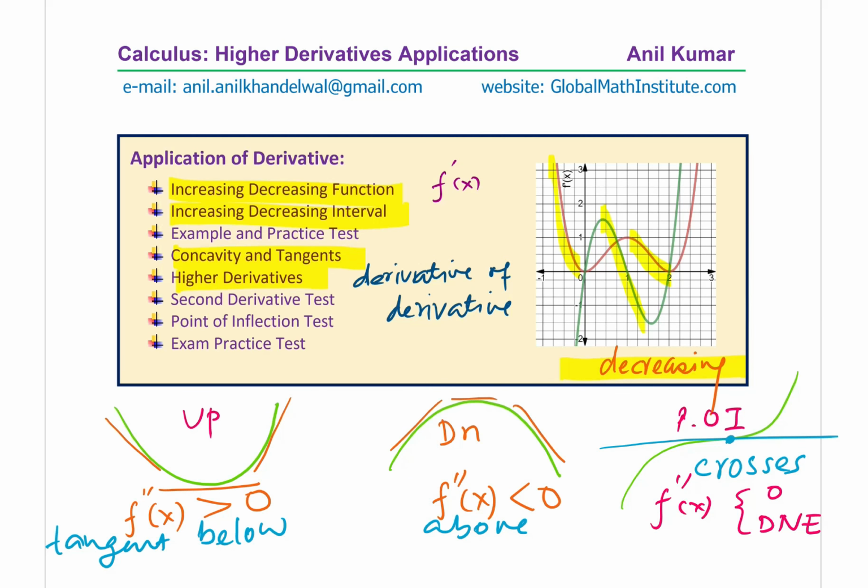So examples for derivative of derivative are, we can take examples for displacement, velocity, acceleration, right? So we'll take this in another unit where we'll discuss derivative of derivative and take examples based on displacement, velocity, and acceleration. So that is going to be our next unit.